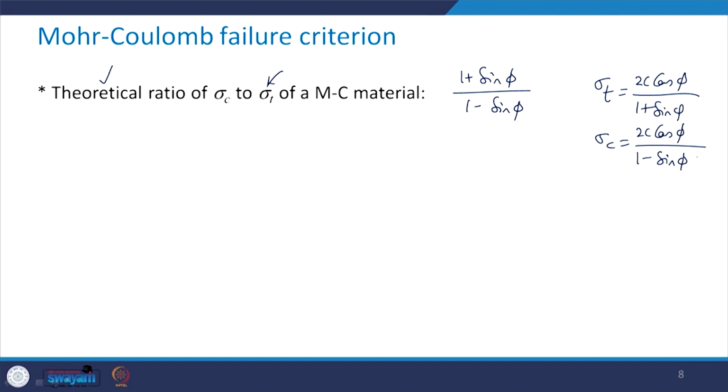We just obtained, so from these two, we can get this ratio as 1 plus sine phi upon 1 minus sine phi.